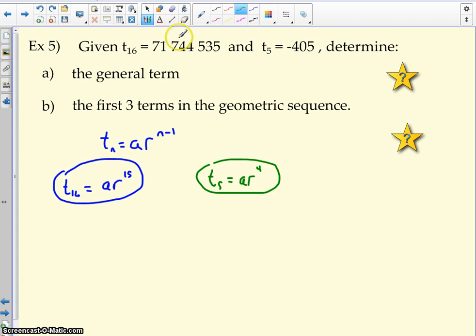Okay, and if I use the fact that I know what these terms are equal to, so that means that I'm going to have T16, which is 71,744,535. That's going to be a times r to the 15. And if T5 is negative 405, that means I have minus 405 being a r to the 4.